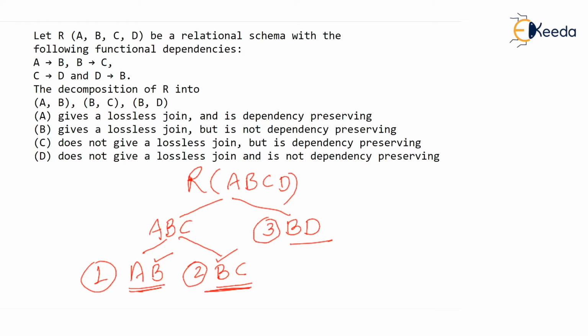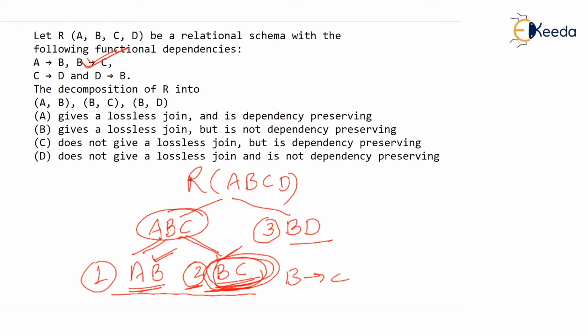Now you observe B determines C. This table which contains BC has B determines C from the original FD set given. That means B is a candidate key in the second table, and it is the common attribute in the first and second table, which were created from ABC. So as far as 1 and 2 and ABC are concerned, it is lossless decomposition.